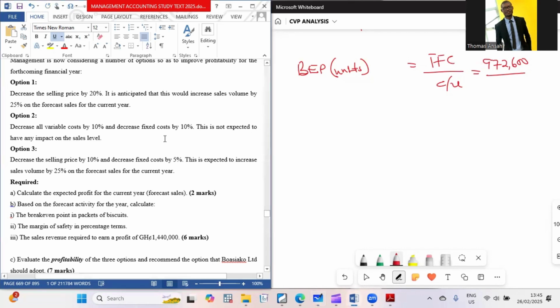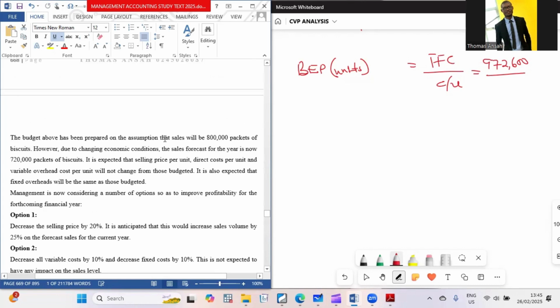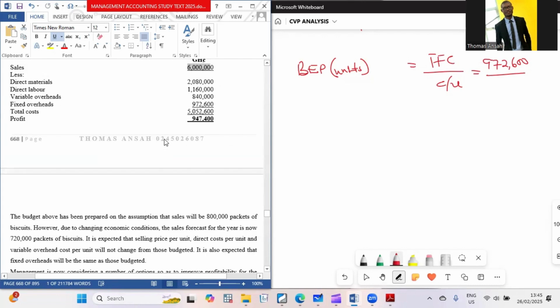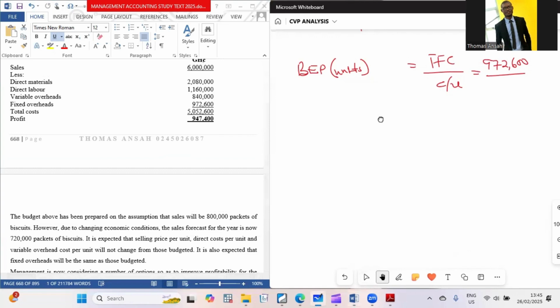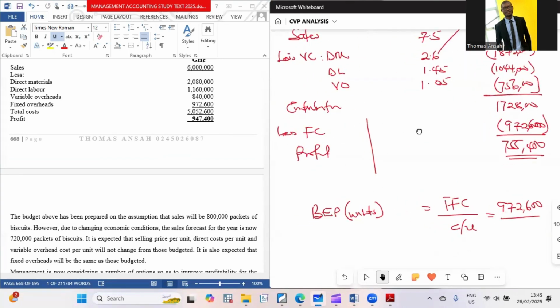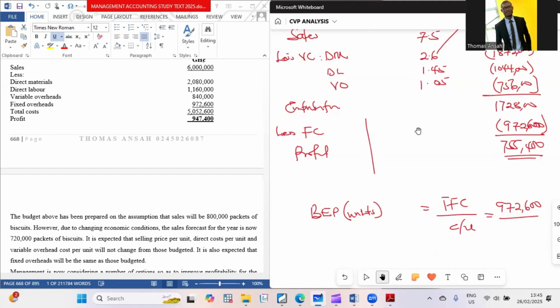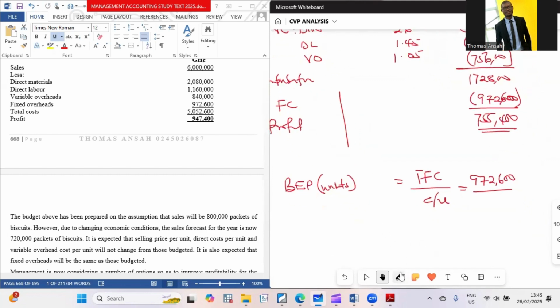Then we now need to get contribution per unit and divide it by it. If you check what we have from this, I think you should be able to get your contribution. It is 1728 for the entire thing, but we are producing 720,000. So if you divide it by 720,000 units, that is giving me 2.4.